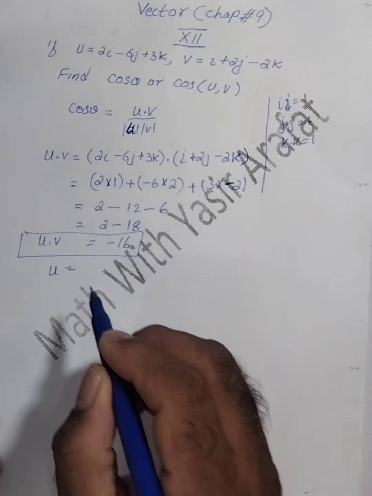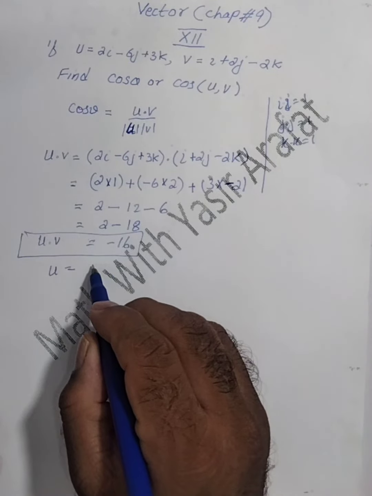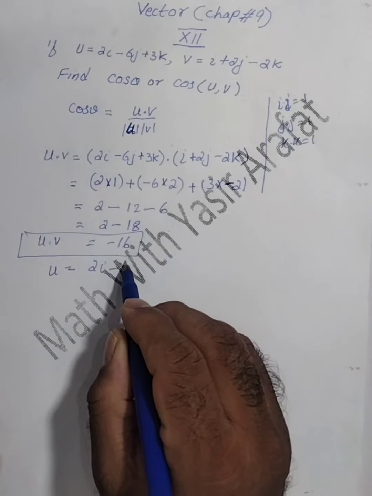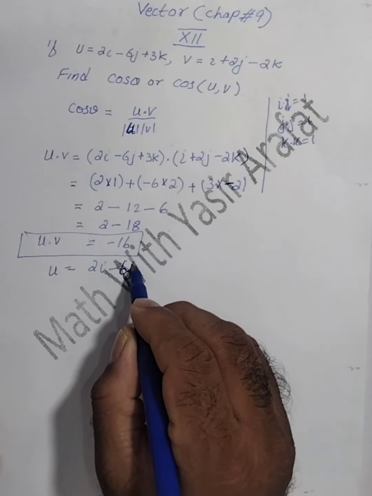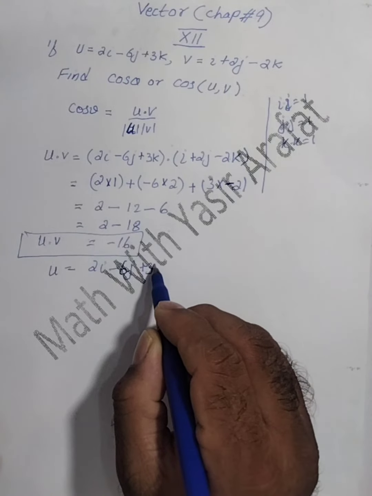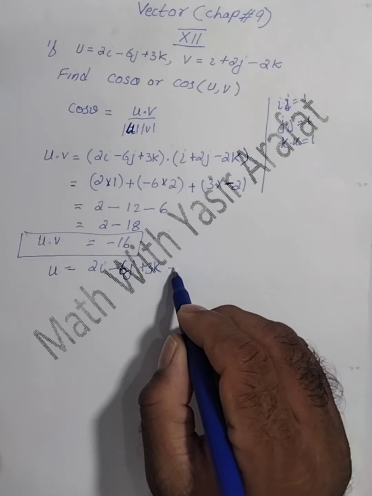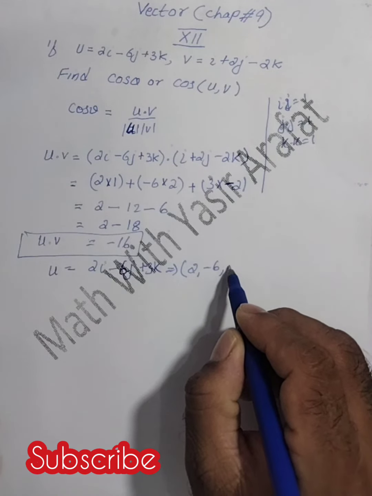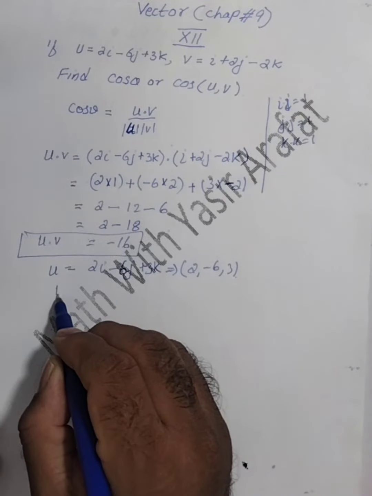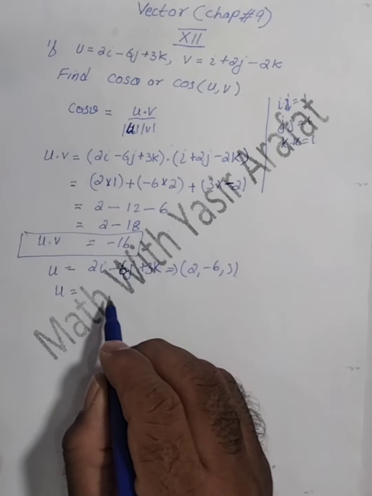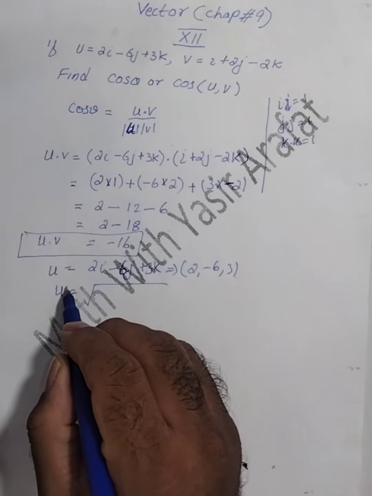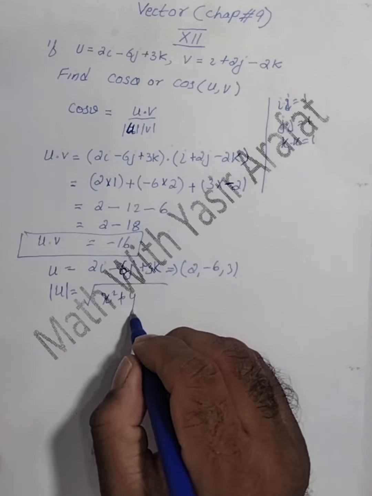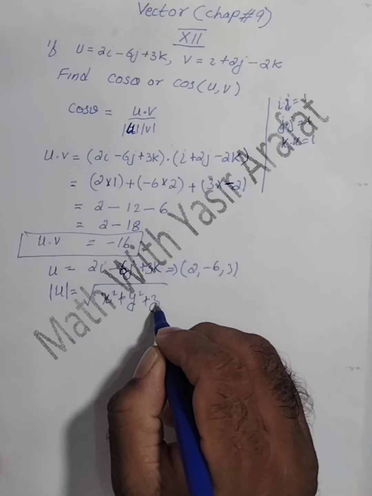So here the modulus of u, that is u means 2i minus 6j plus 3k. First write down in the ordered pair, that is 2, minus 6 and 3. So the modulus of vector u is the radical of x square plus y square plus z square.